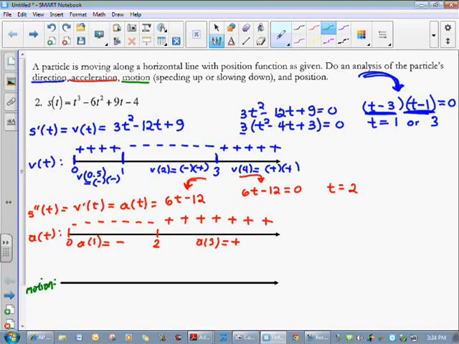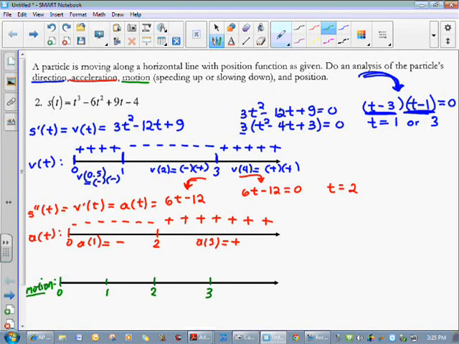So we'll have a 0 to the left, and then our 1, and then our 2 from acceleration, and our 3 from velocity. Now where the motion is different is that you will not do any testing, because motion doesn't have its own little equation to test. Motion is just simply an analysis of velocity and acceleration at the same time.